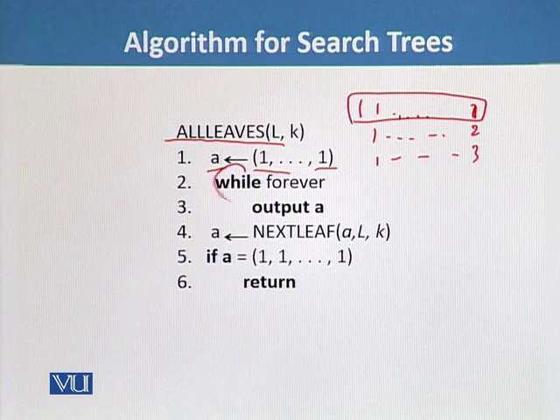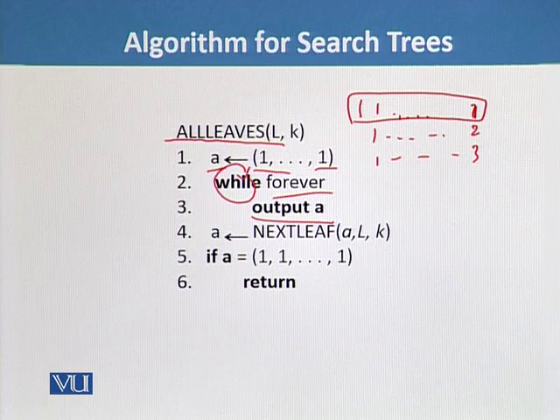So the while loop will start forever. It seems that it will loop forever, and it will continue to compute at step number 2, but it is not the case. And we will see that when it finishes computing, we will get the output a. But if a is not assigned 1, 1, then the next leaf will be applied.